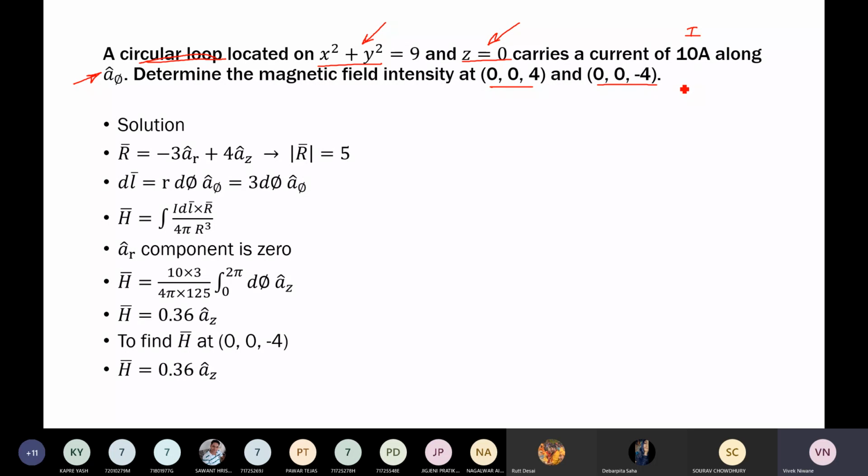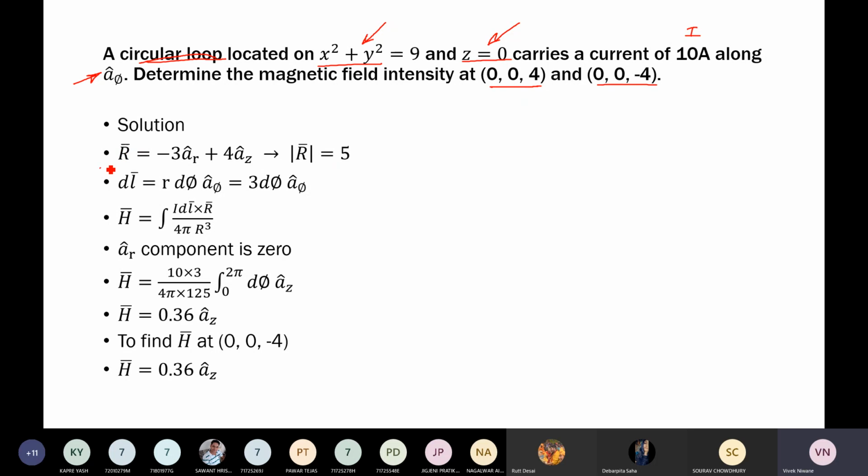Here we are given a point, so we use the general solution that works in any kind of numerical. That is why I chose this numerical.